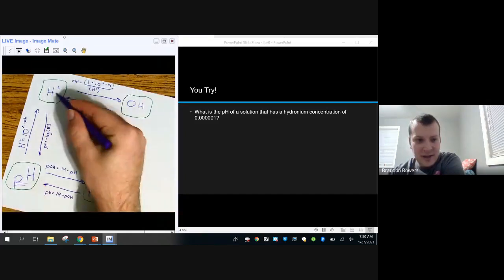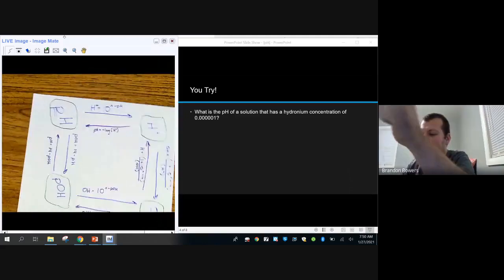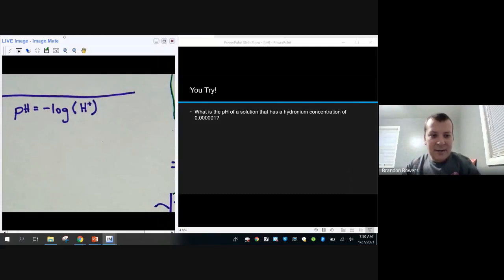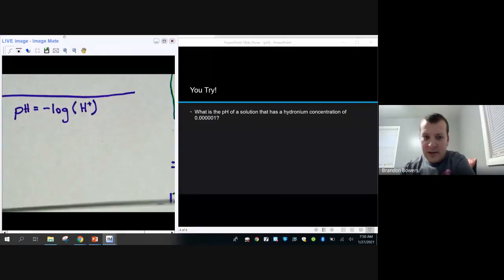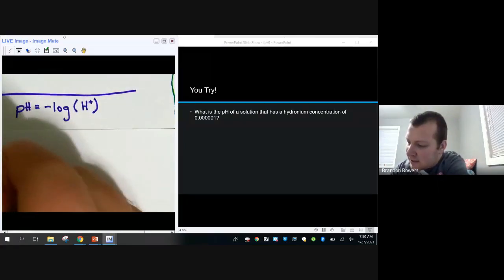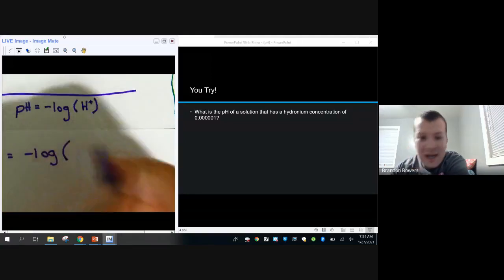If I start here, I finish here, I'm going to use my down equation. And my down equation is negative log of the H plus value. So pH is equal to negative log of my H value.